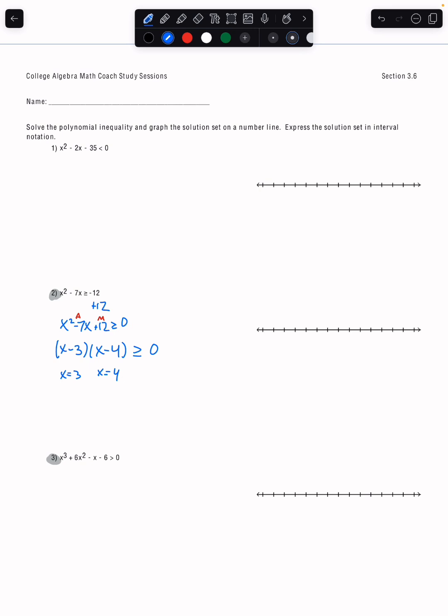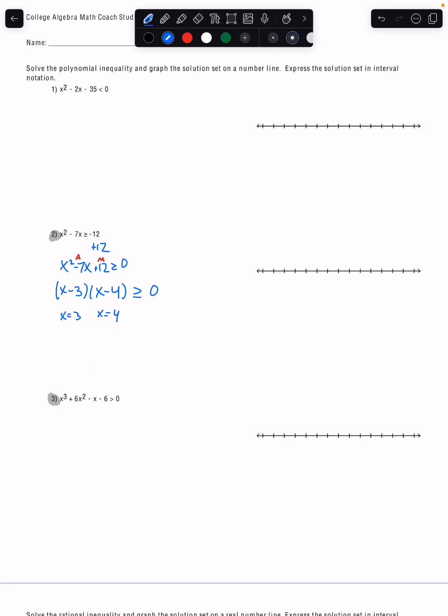And then when we go to graph these, I think the easiest way to think about this is draw a line like this. And 3 is less than 4, so just plot it like this. And then take these two numbers, your 3 and 4, and plug in numbers to the left and the right of them. So for example, at this 3, I'll plug in x equals 0.